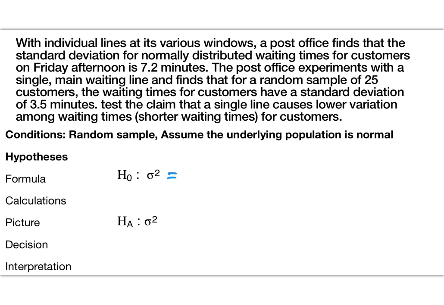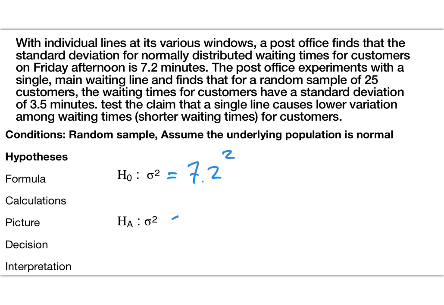The post office experiments with a single main waiting line. So everybody's all in one line, and then as a window opens up, they jump over to the window to see if that will lower the variation among the waiting times. 7.2 squared, because it says the standard deviation was 7.2.